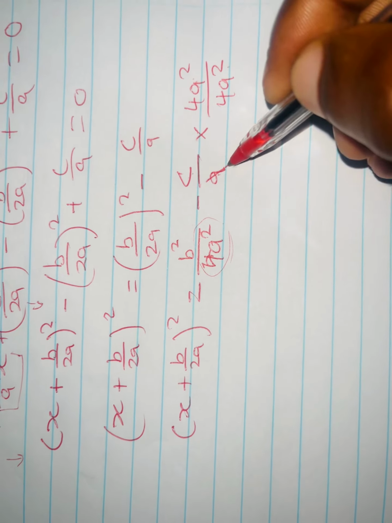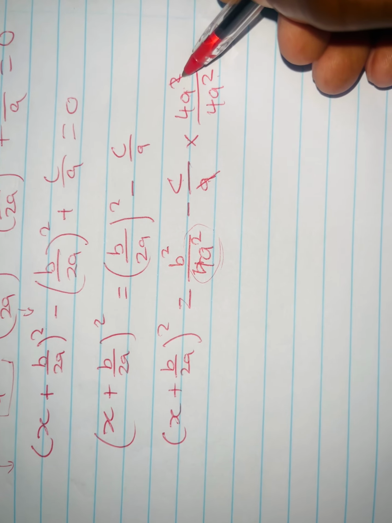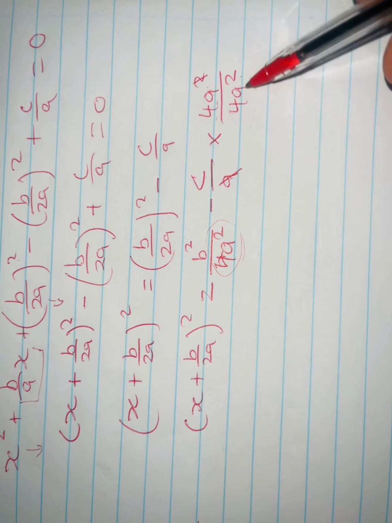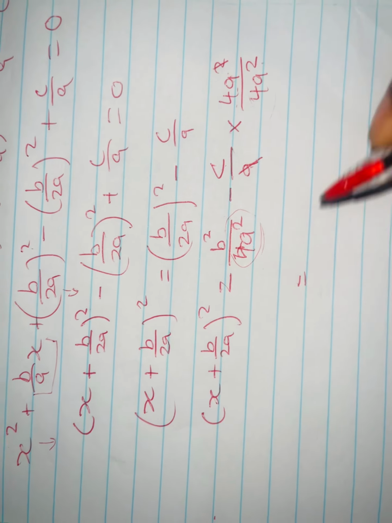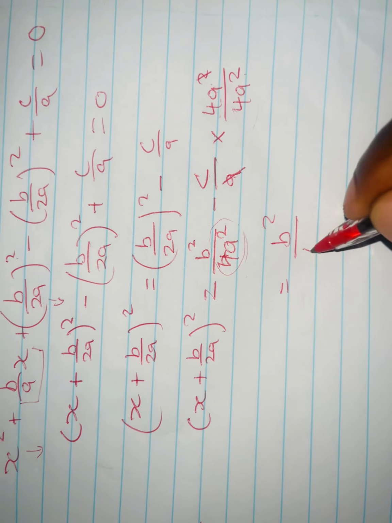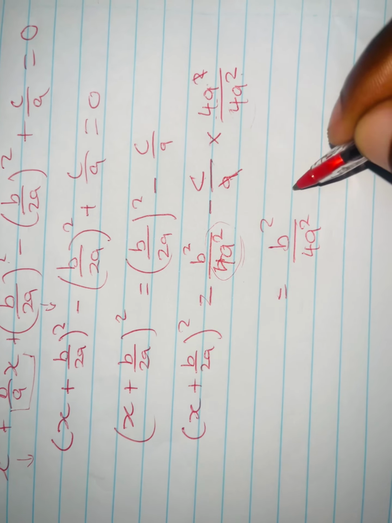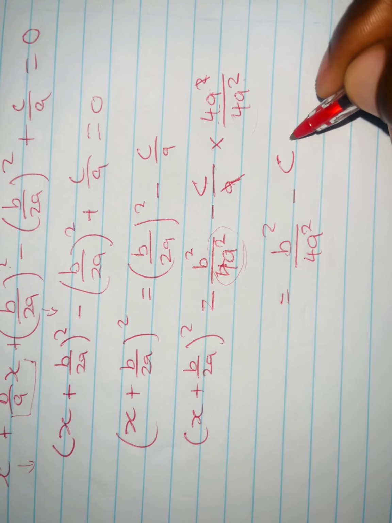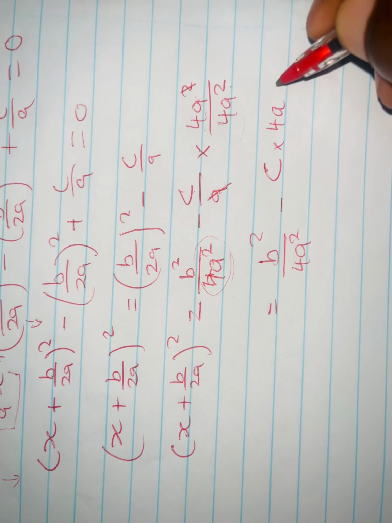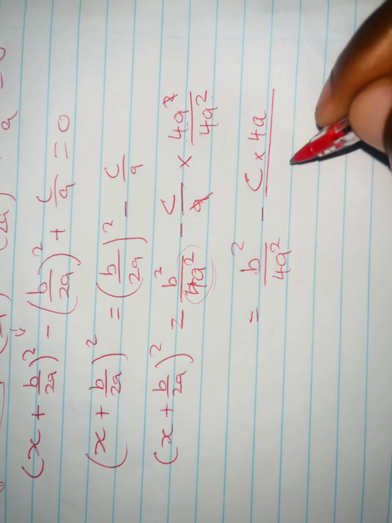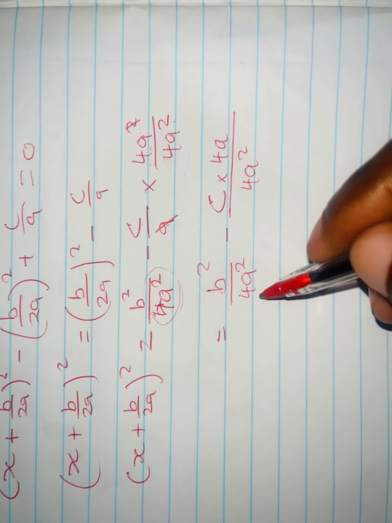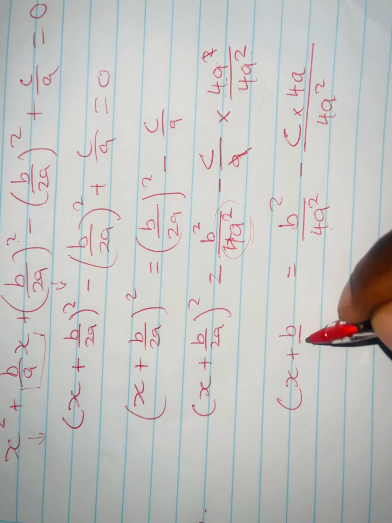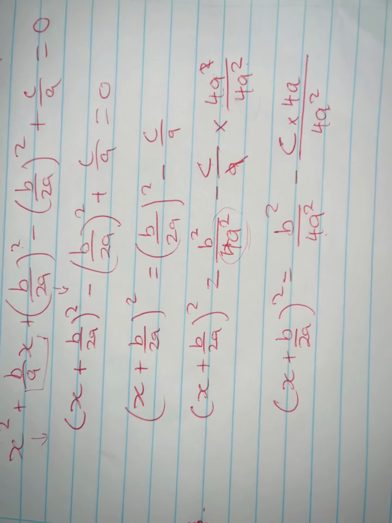So you're going to have 4a as the numerator and the denominators will be the same. So let's simplify this: b squared minus c times 4a over 4a squared. These two are the same, so let's drop down this x plus b over 2a all squared.